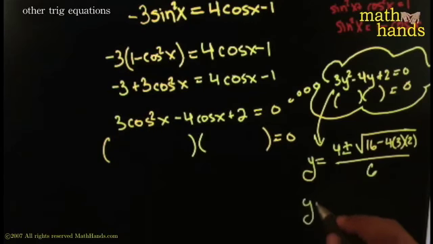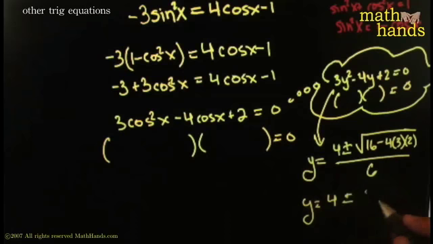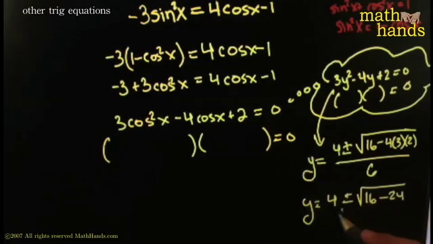So that would tell you that y is equal to 4 plus or minus the square root of 16 minus 24, all over 6, and that is actually giving you some imaginary values here.